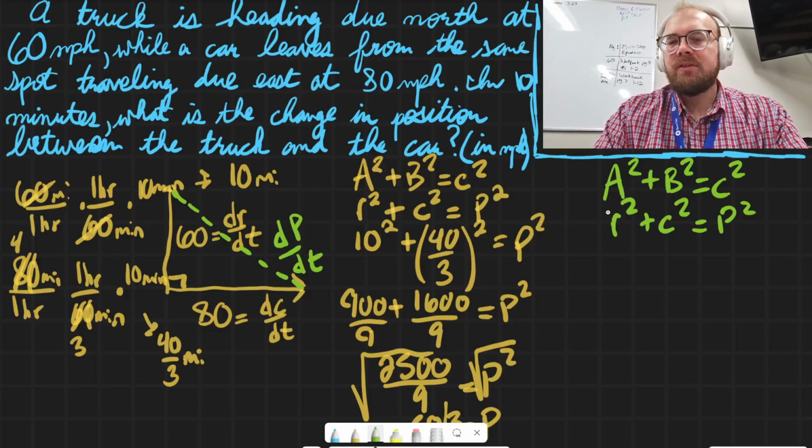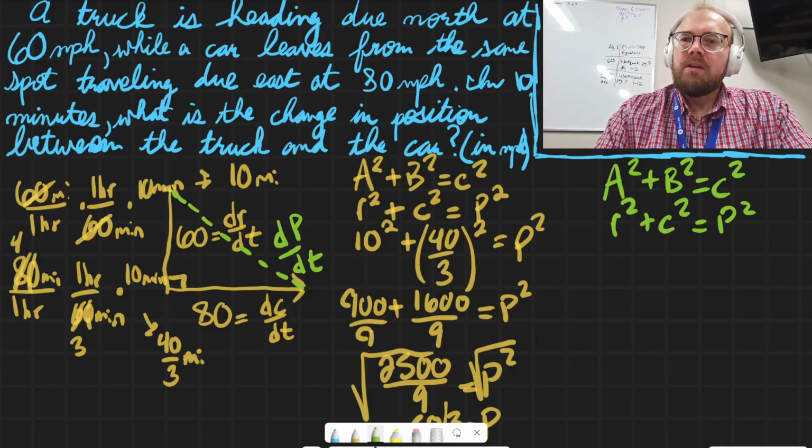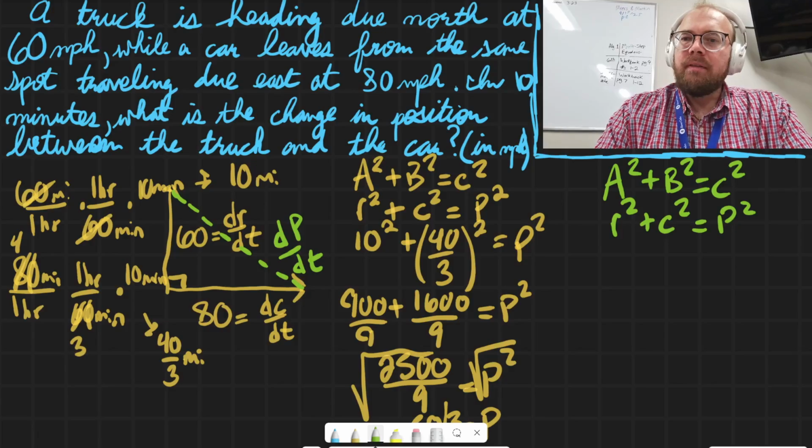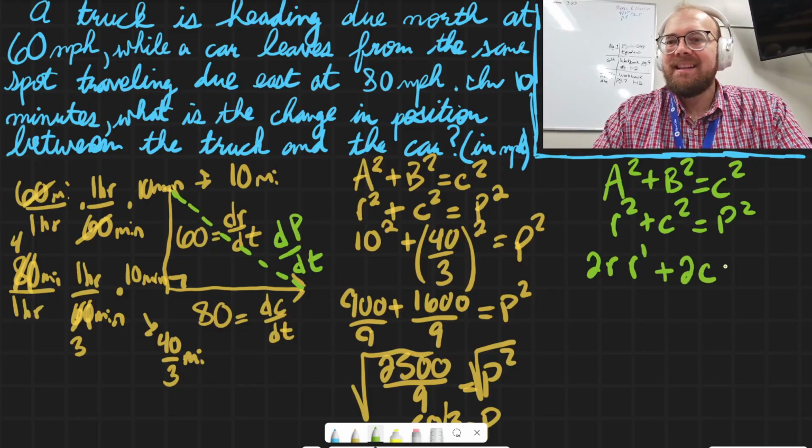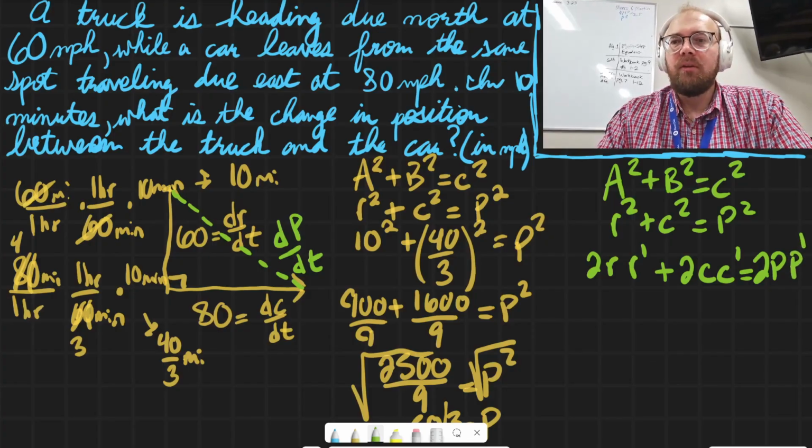Then we take the derivative of this equation with respect to time. So that would be 2r, and then dr dt, I'm going to call that r prime, 2c, and then dc dt, I'm going to call c prime, and then 2p, and then dp dt, we're going to call p prime. Now p prime is actually what we're trying to solve for.